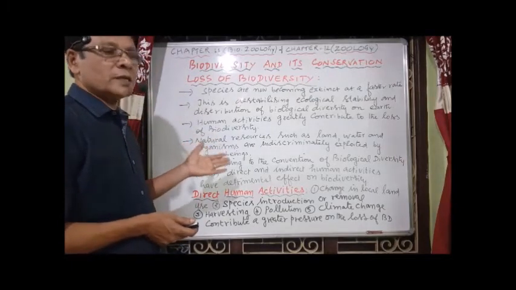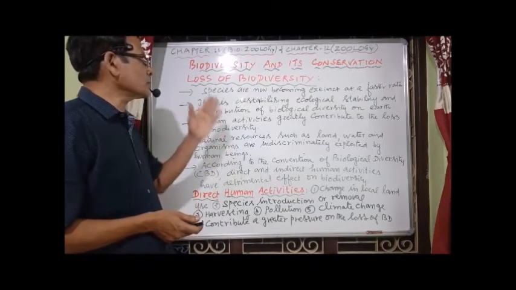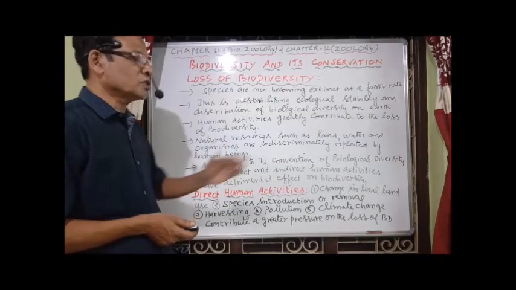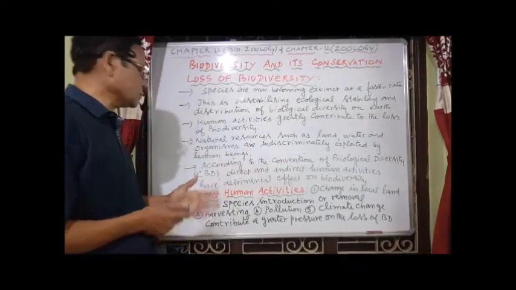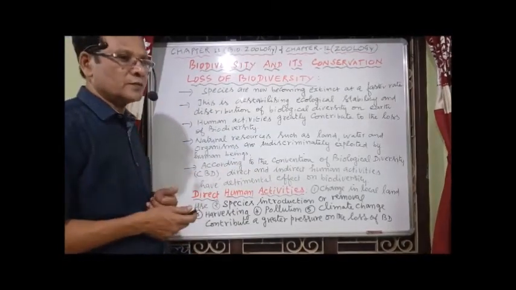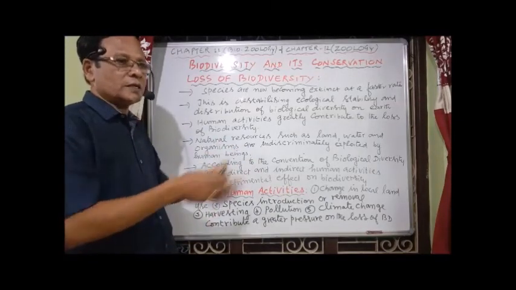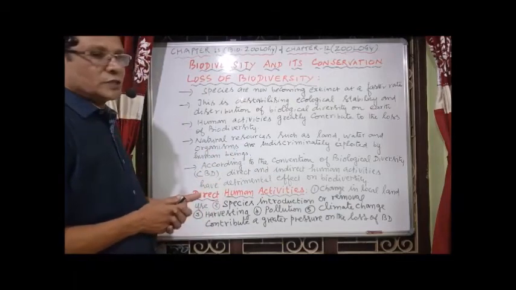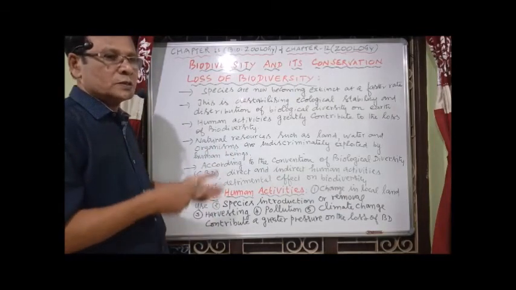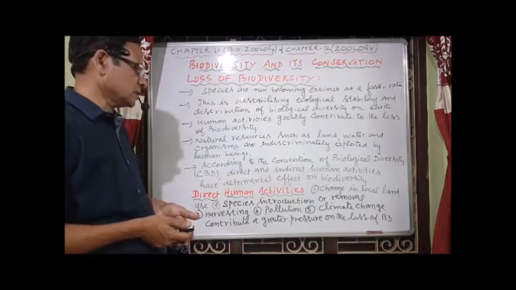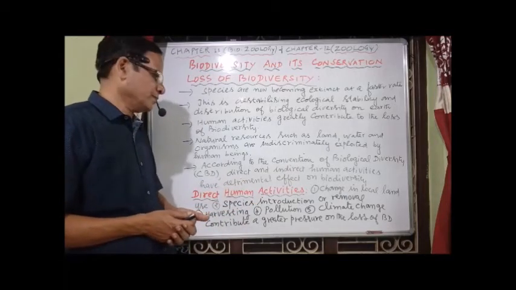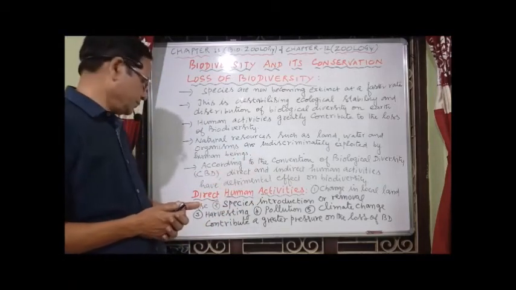Now, what are the direct human activities responsible for biodiversity loss? Change in local land use, changing the land frequently. Species introduction or removal in that area. Harvesting of trees and grasses. Pollution, the major cause. Then climate change.